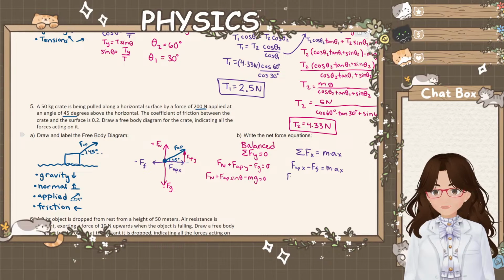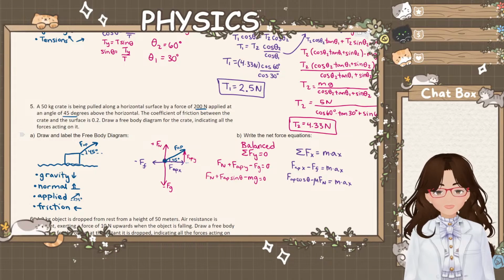In this case, I have the applied force times cosine of theta minus uk times fn, which is equal to m times ax. So there's our two force statements here.